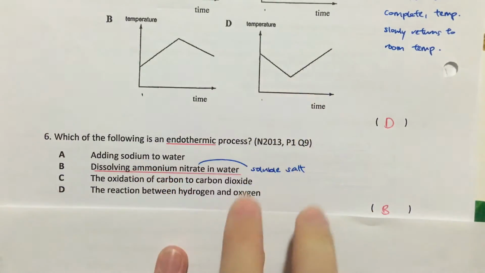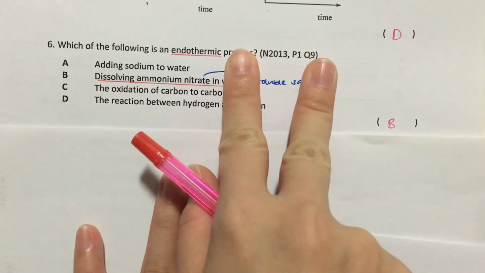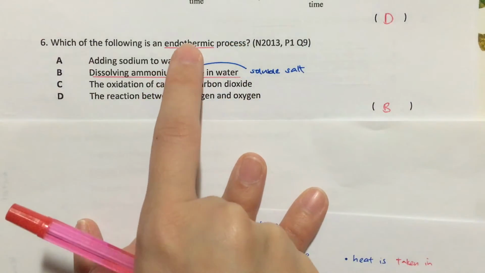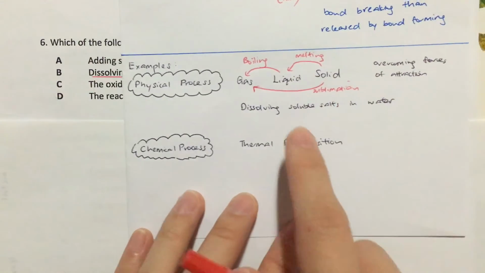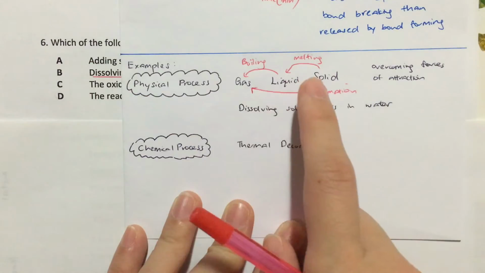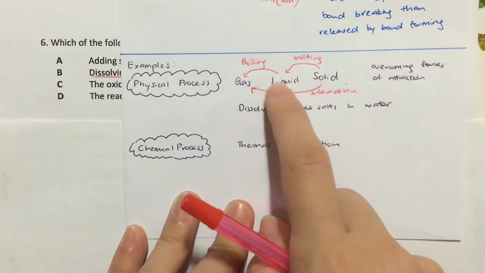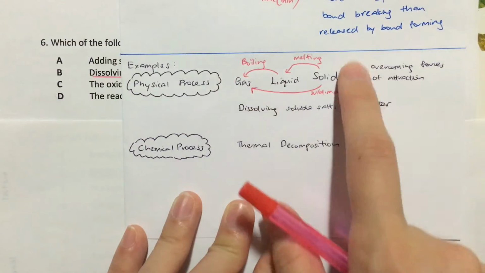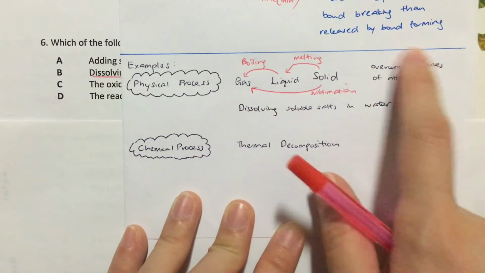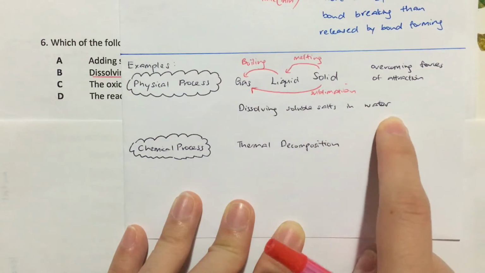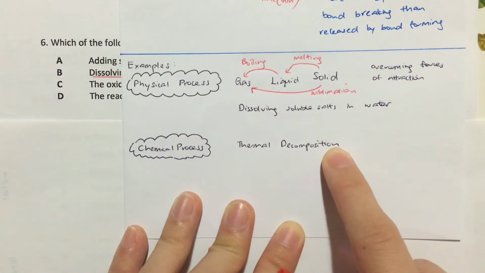Okay, next one. This is based on remembering what processes are endothermic. Processes that are endothermic are all the physical processes where we move from solid to liquid, liquid to gas, or solid to gas, where we try to overcome the forces of attraction, trying to break the bonds, or when we dissolve soluble salts in water, or thermal decomposition.